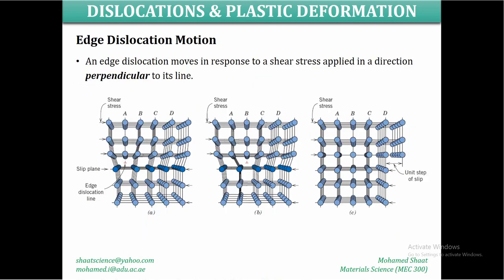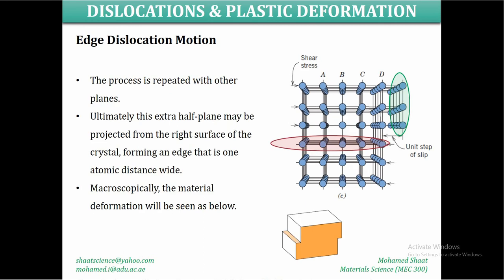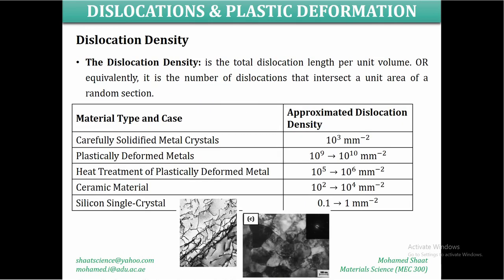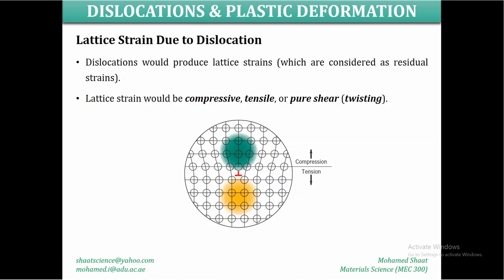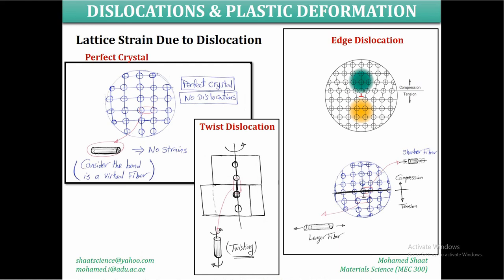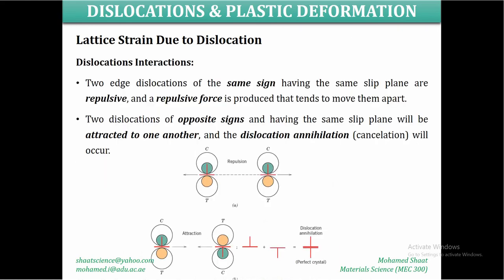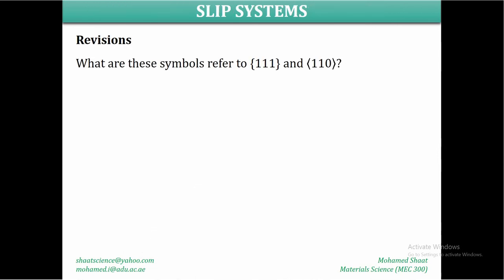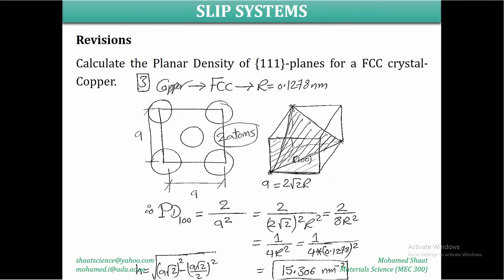This has been discussed over the previous video. In the meanwhile, we discussed what dislocation density means. We discussed the lattice distortion or lattice strain that is produced because of the existence of an edge dislocation or even a screw dislocation, and we discussed the interaction between these different dislocations. This is what has been covered over the previous video.